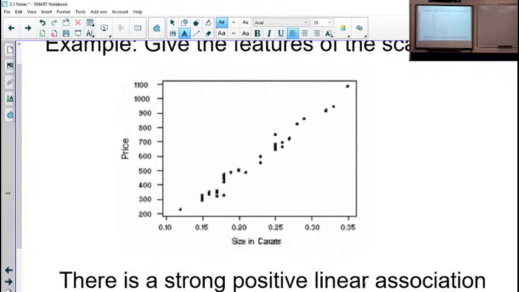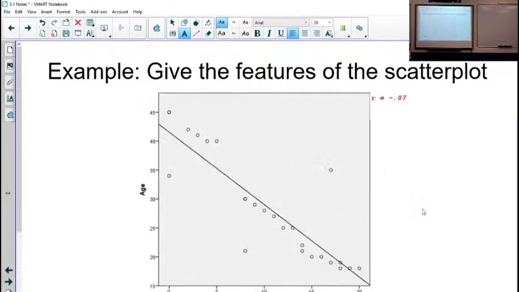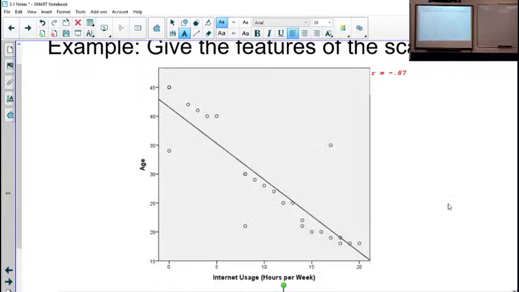That seems reasonable to me. Here, what's the explanatory variable? Internet usage, and the response? Age. So in other words, this time we're using internet usage, how often they're using the internet, to predict their age. Which I would say, if I were to nitpick this graph, I would switch these variables and use age as a predictor for how often they're using the internet.